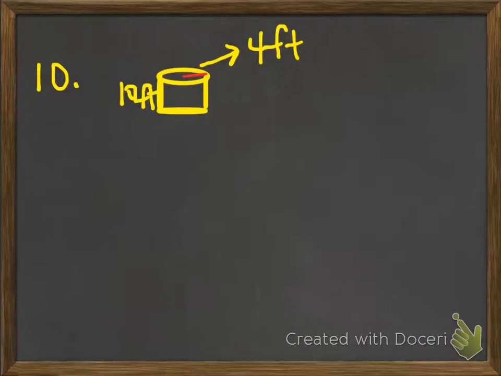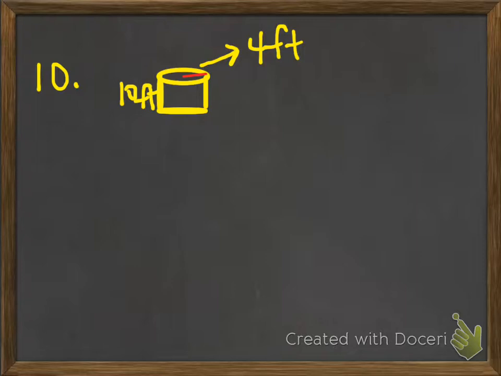Okay, question number 10. This is from your independent practice section on page 114. We're going to follow the formula here, and what is the shape? It is a cylinder. So look at your notes. How do we get volume for the cylinder?